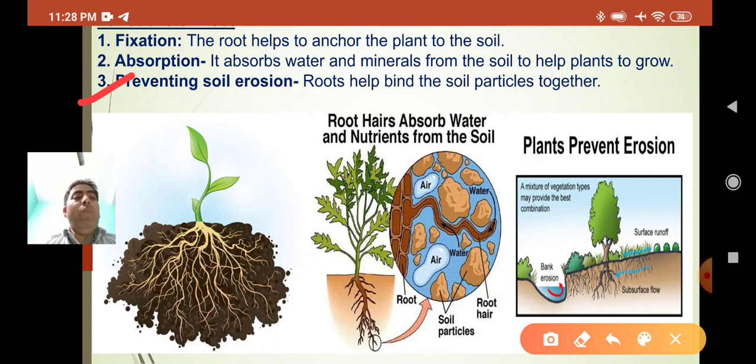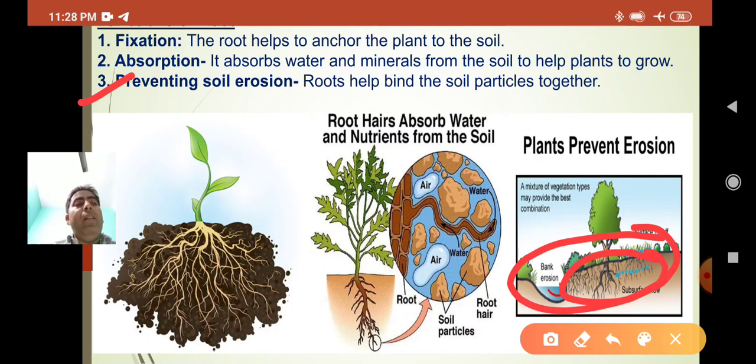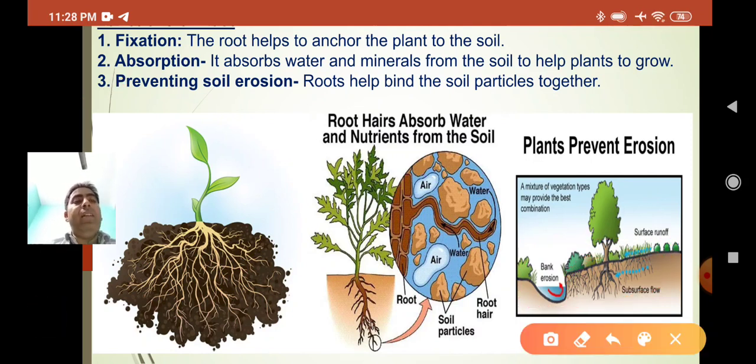Now the next function is preventing soil erosion. What happens? You can see here the tree or the plant tightly holds the soil particles. Here you can see full of soil, but on this side, no plant is there, so the water comes and takes the soil away. If the soil is taken away, soil erosion occurs. Then the upper part of the soil is blown away, and the upper part is the most fertile part of the soil.